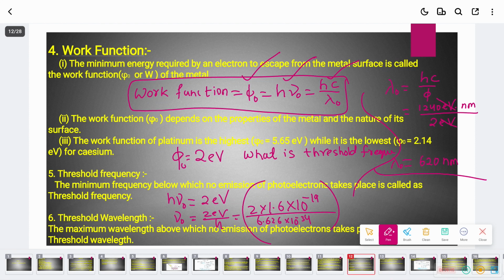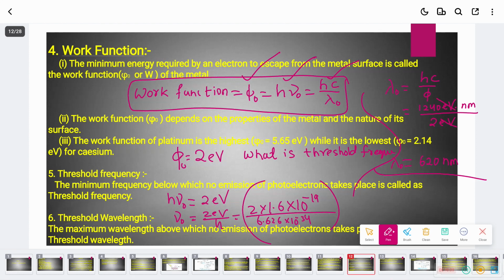See, finding lambda naught is easy. Why is it easy? Because I remember the hc value. What is the hc value? 1240 electron volt nanometer. Electron volt is already given, so electron volt cancels and the answer comes in nanometer.